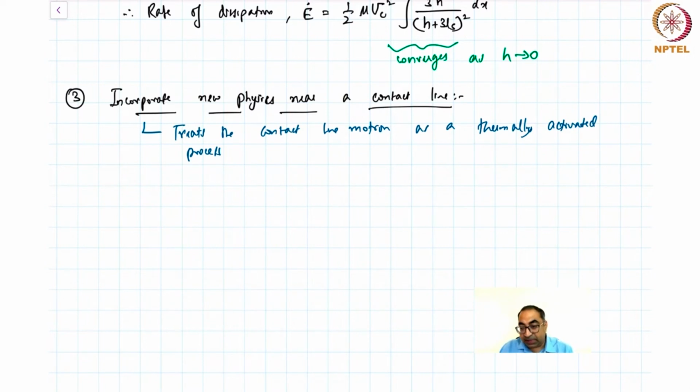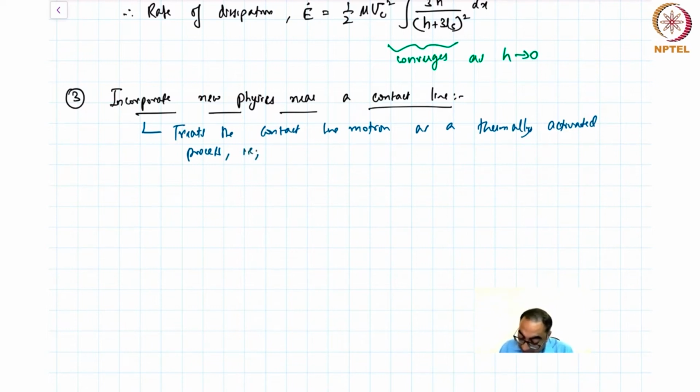So there is an energy barrier. Once that energy barrier is crossed, it allows the contact line to jump a little ahead. There are a large number of such jumps, which results in a macroscopic motion of the contact line. So let me write down what I just said.